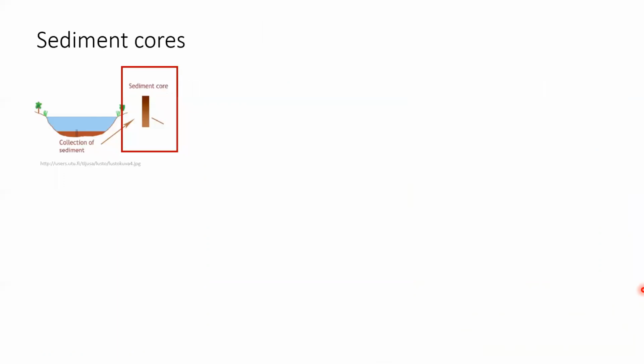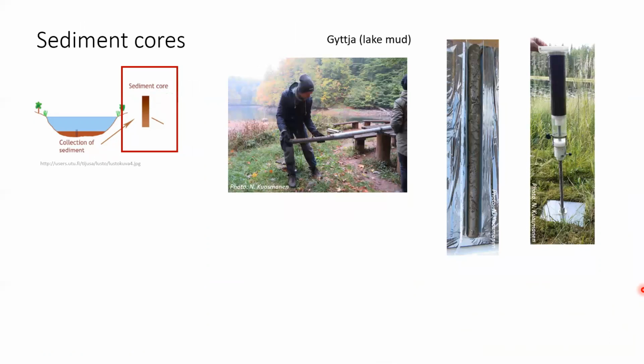And what kind of sediment cores will you get from these sites? From lakes you usually get mud, so lake mud, and this is how it looks. If you would be coring from this kind of a platform built, for example, from two rubber boats, you would get the sediment core inside this kind of a long tube, and then you can extract it from the tube, and you will have this kind of a core that can be subsampled and analyzed in the lab.